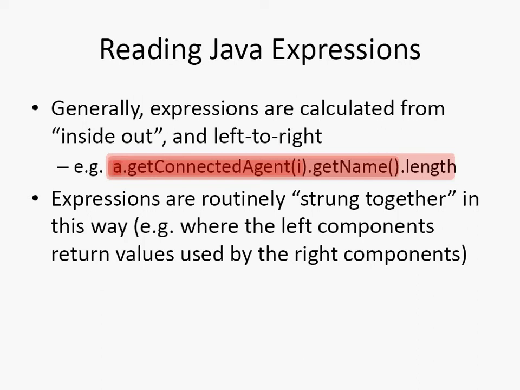That agent's name is being asked, and that returns a value as the length is being determined. So at each point we take the value from the last step and use it for the next one. Does that make sense? Yeah.